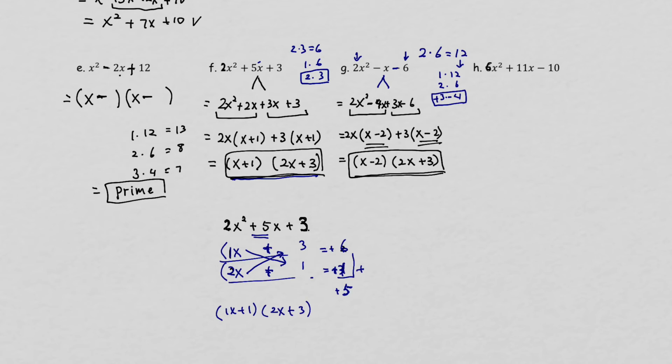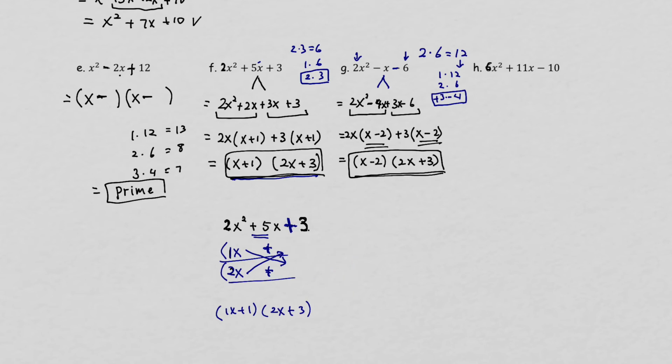I can't make it 5 by making one positive and one negative, because your factors should have the same sign. So that's not how it works, and that's when you're going to retry.